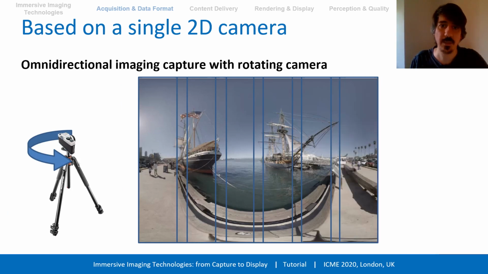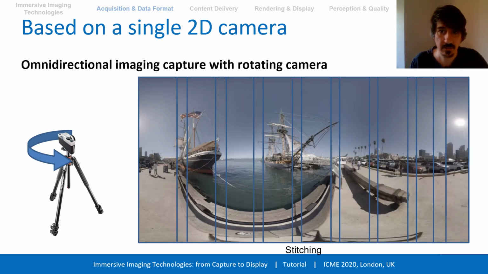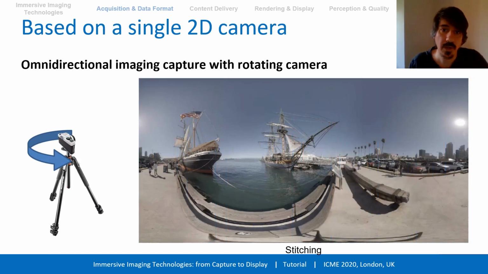So similarly, we can capture omnidirectional imaging data with a single camera by rotating the camera around, and this allows to make again strong assumption on the position and orientation of the camera. So each 2D view will capture a limited field of view of the full sphere with some overlap in between the views, so that they can then be stitched together into a single omnidirectional image.